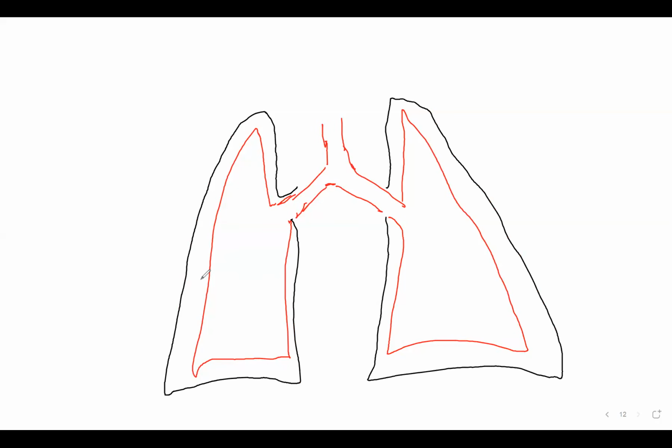Okay, there is injury to this lung. Now, this injury will cause air to move out from this lung into the pleural space. And when the air moves into the pleural space, it cannot go back into the lung because this will now serve as the valve. This is now the valve here, okay?